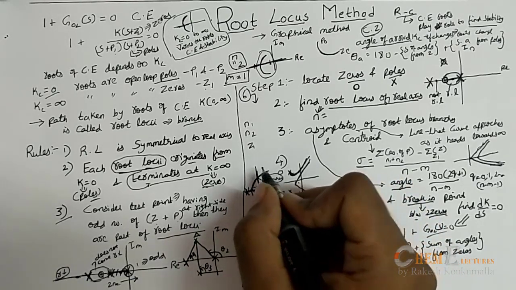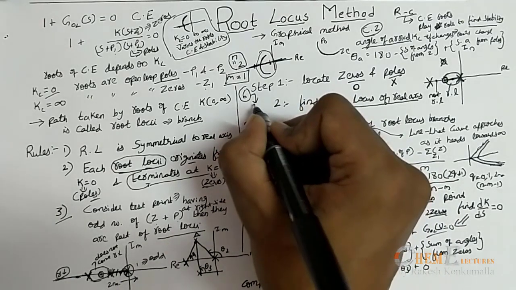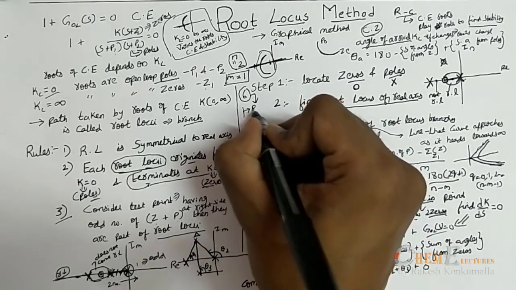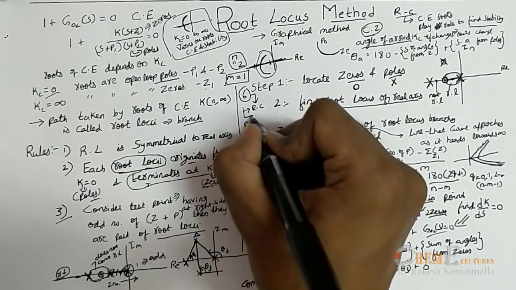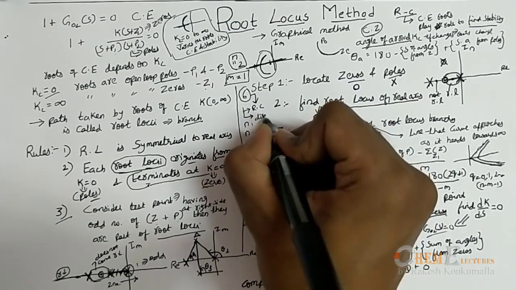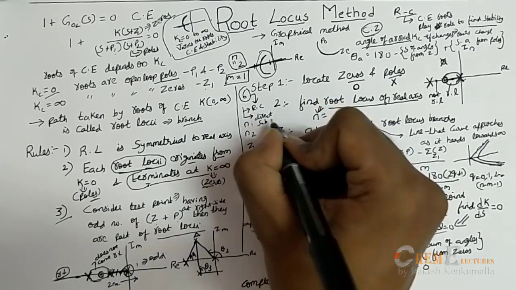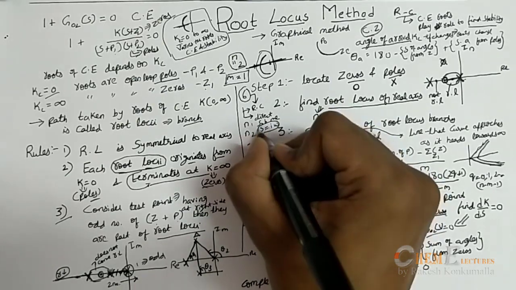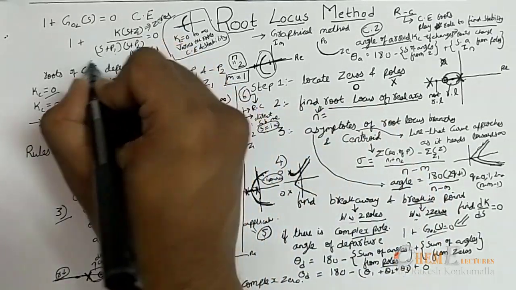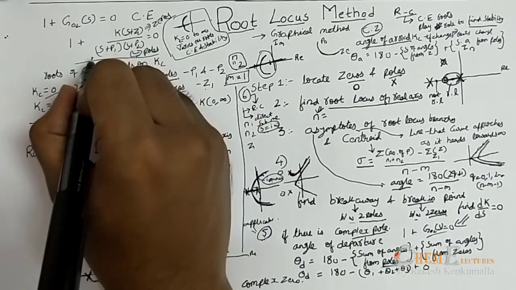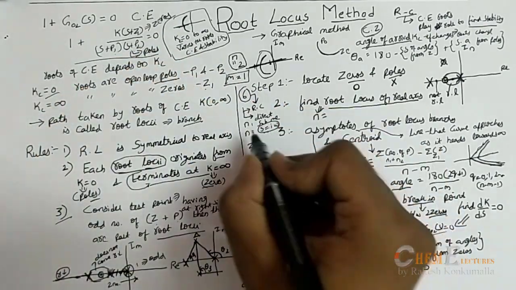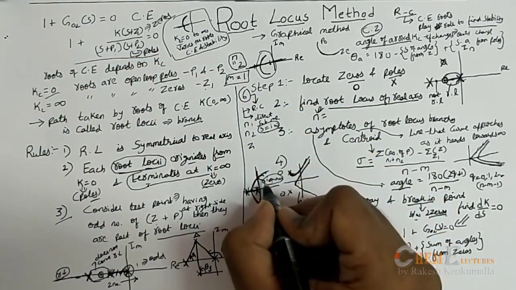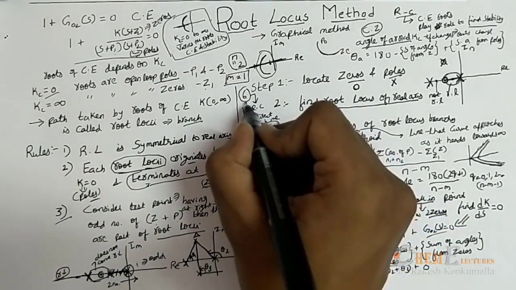That you can find either by Routh's criterion or by the direct substitution method, where s is equal to j omega. If you substitute s equal to j omega in this equation, you can find the value of omega. This omega will be the point lying on this imaginary axis. This is my step 6.